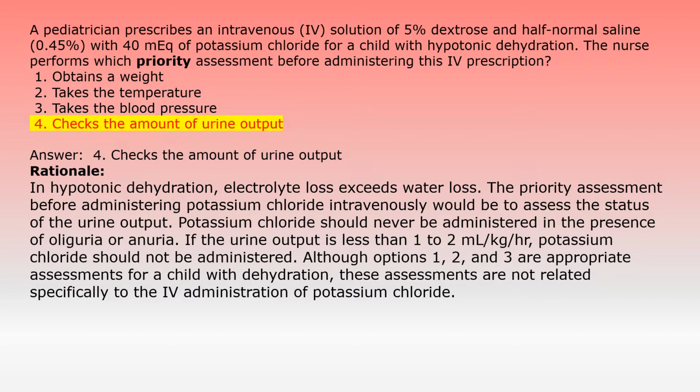If the urine output is less than 1 to 2 milliliters per kilogram per hour, potassium chloride should not be administered. Although options 1, 2, and 3 are appropriate assessments for a child with dehydration, these assessments are not related specifically to the IV administration of potassium chloride.